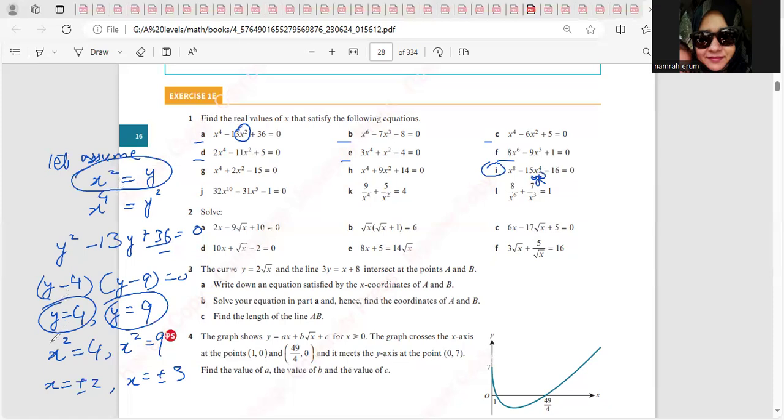So we replace y with the actual value and then solve for x. Basically, we have to solve it for x, but to reach x, we assume it equal to some other variable so that we can solve it quadratically. Otherwise, complex quadratics are not very simple to solve.